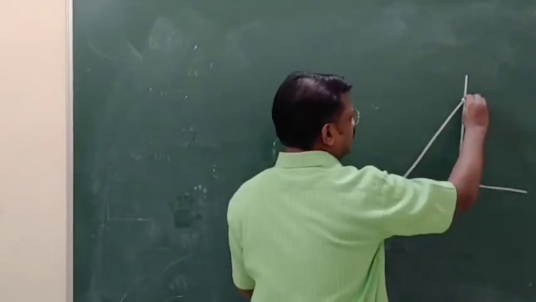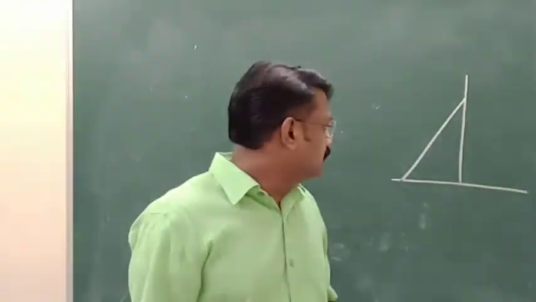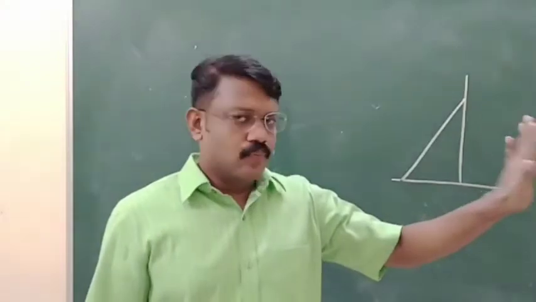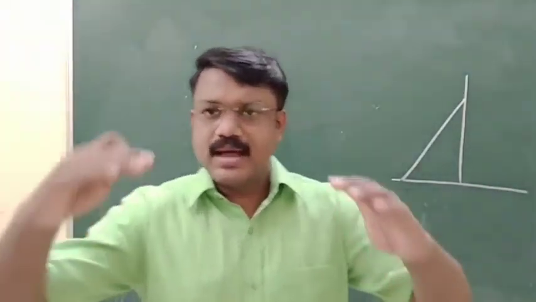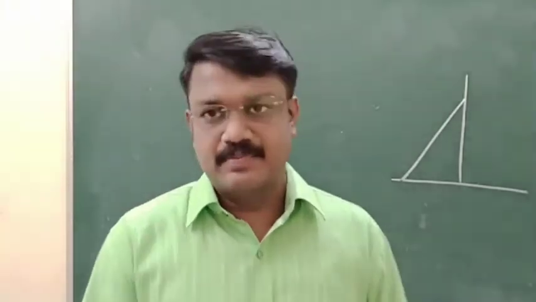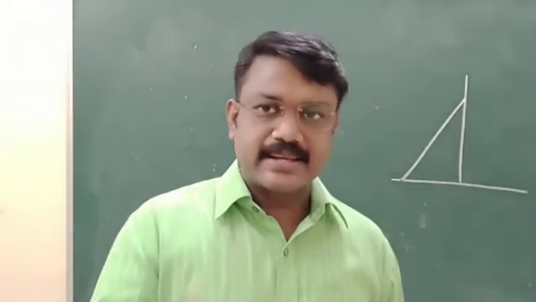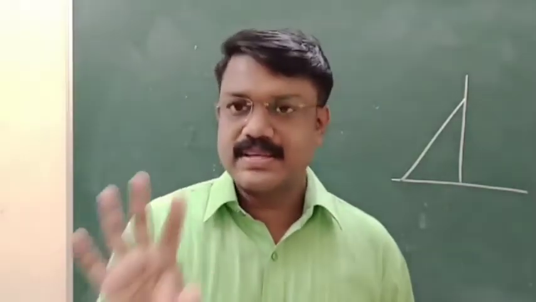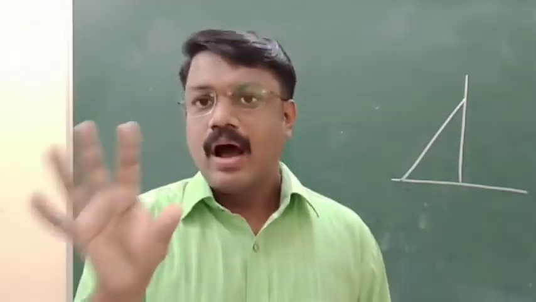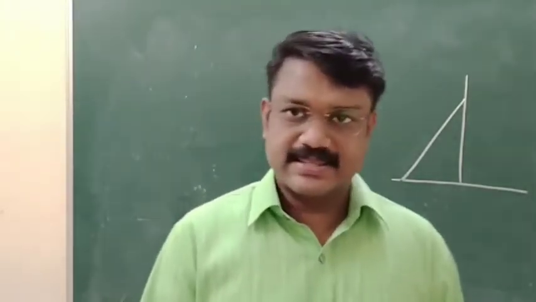A very casual situation: we keep a ladder close to our wall. The ladder is not slipping, which means it is in equilibrium. So what are the forces acting on it, and how can we say that it is in equilibrium? That we are going to discuss now.